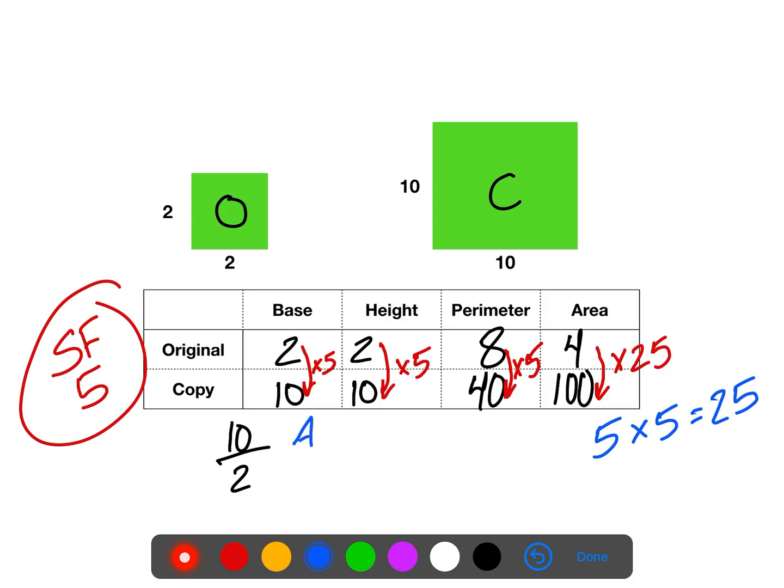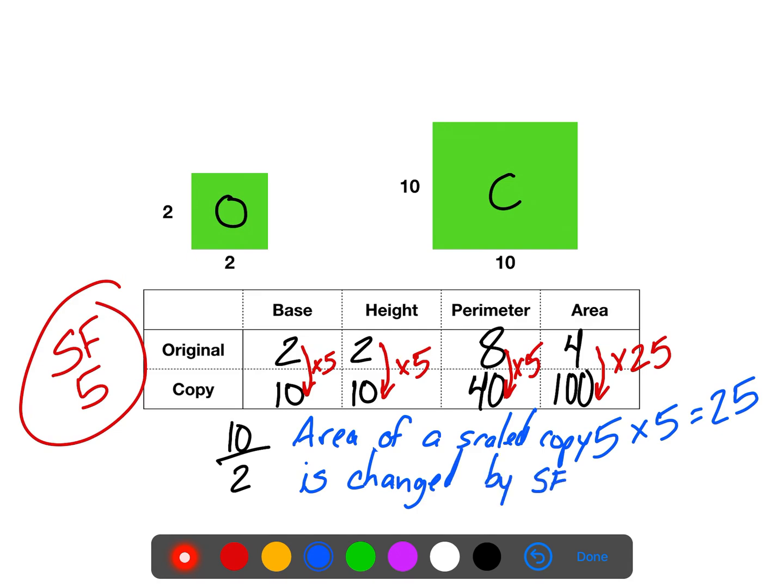We're going to put the area of a scaled copy is changed by the scale factor times itself, the scale factor.